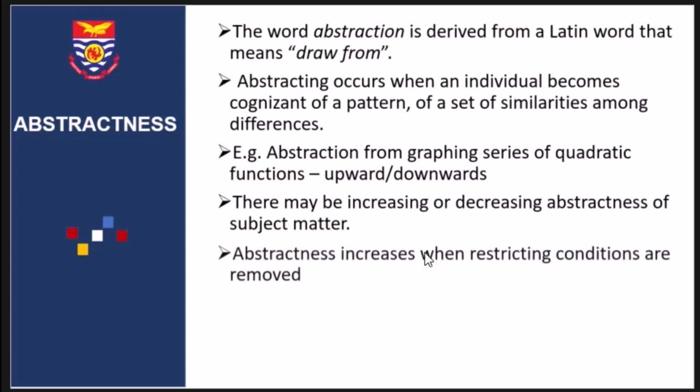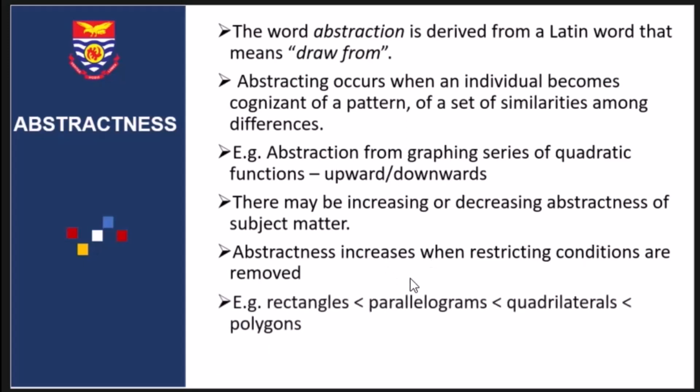And when we say something is in increasing abstractness, we mean that restricting conditions are removed. When you remove the restricting conditions from it, then it becomes something in increasing abstractness. For example, we have rectangles, parallelograms, quadrilaterals, and polygons. We all know polygons. In this set, polygons is what? The superset. And then it's followed by quadrilaterals, parallelograms, and then rectangles.